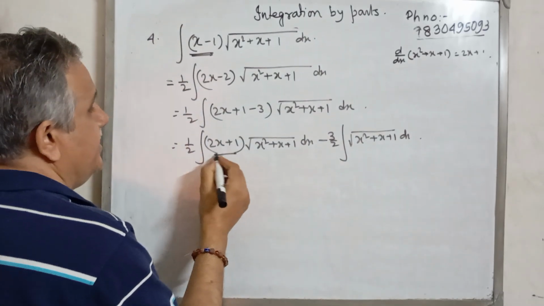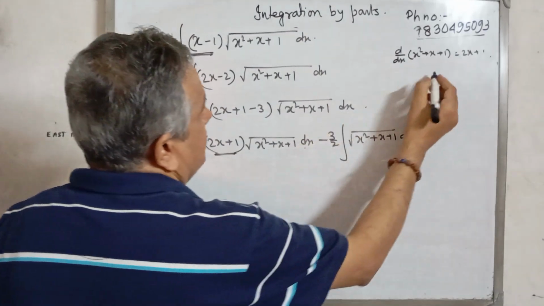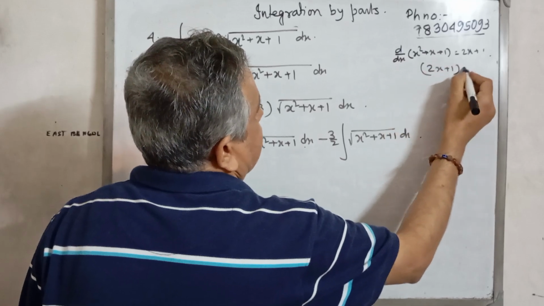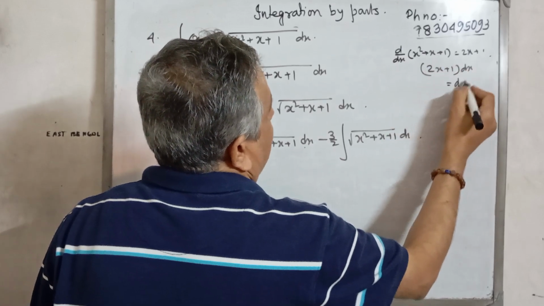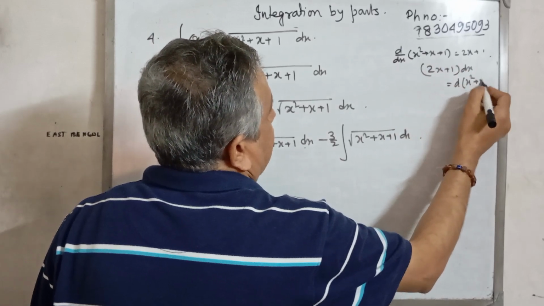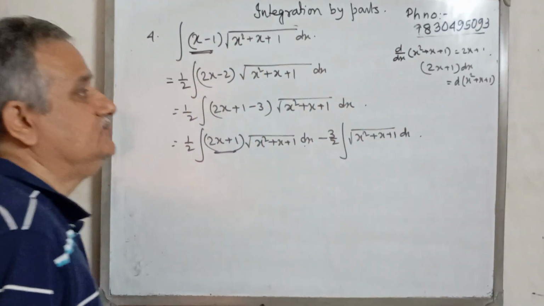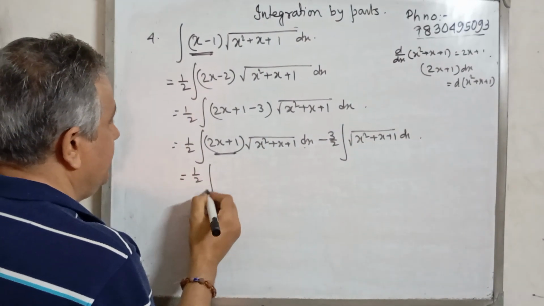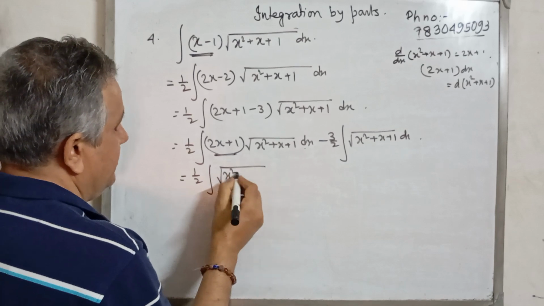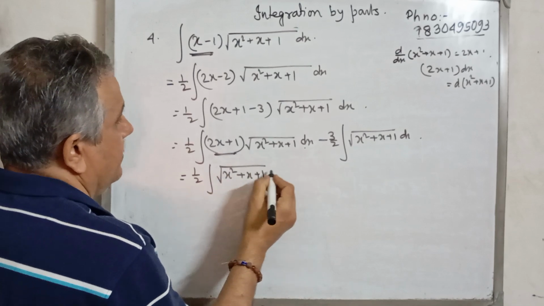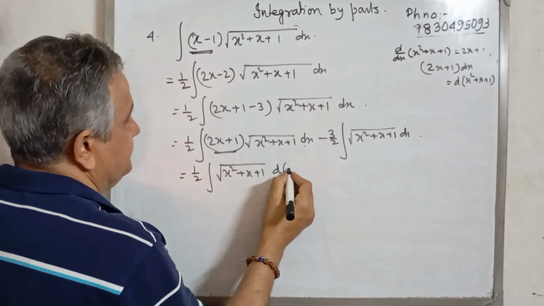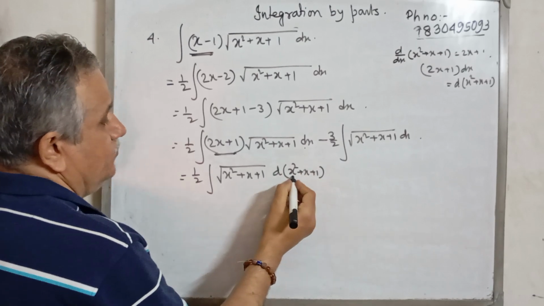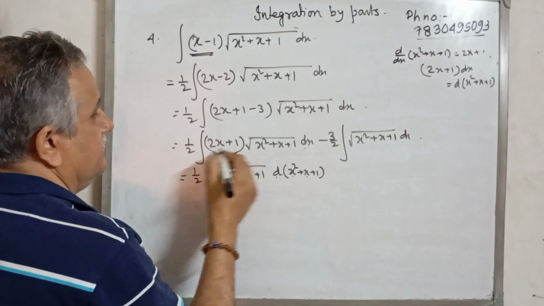Now this can be written as 2x plus 1 dx. 2x plus 1 dx is d of x square plus x plus 1. So we can write root over x square plus x plus 1 d of x square plus x plus 1, that is 2x plus 1 dx.